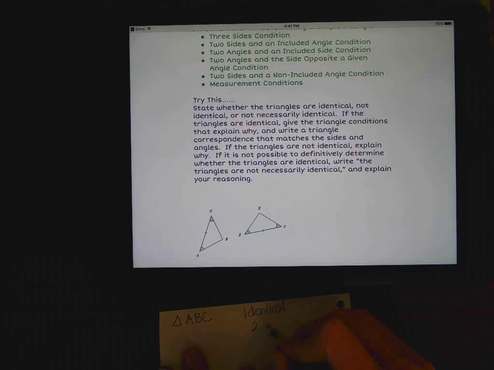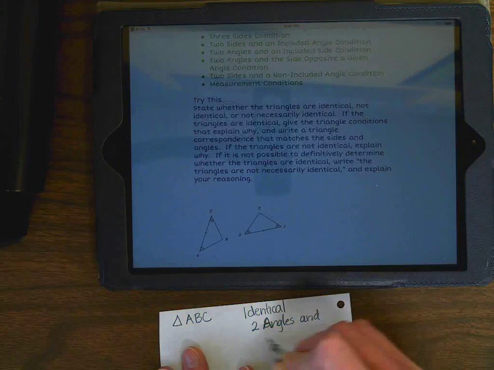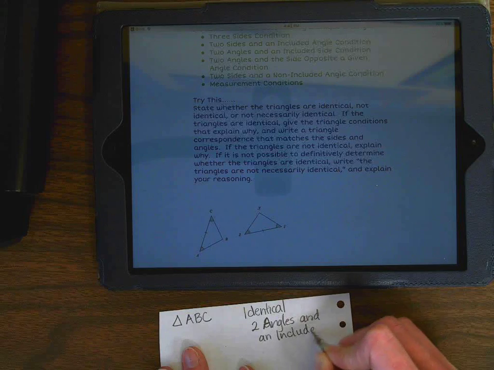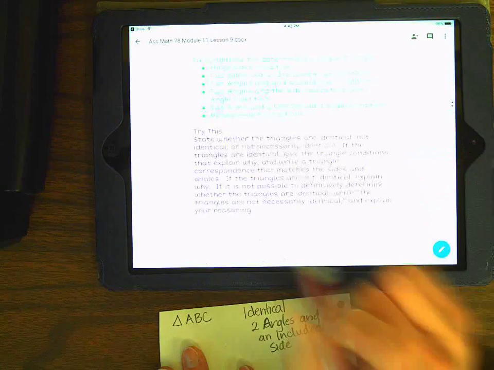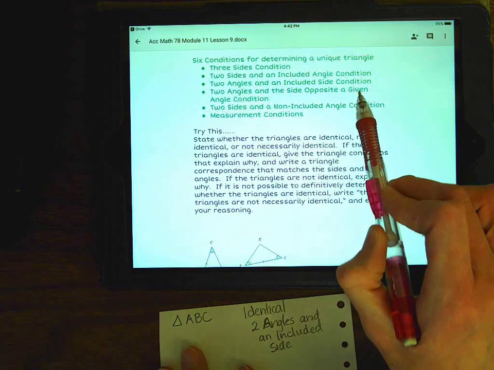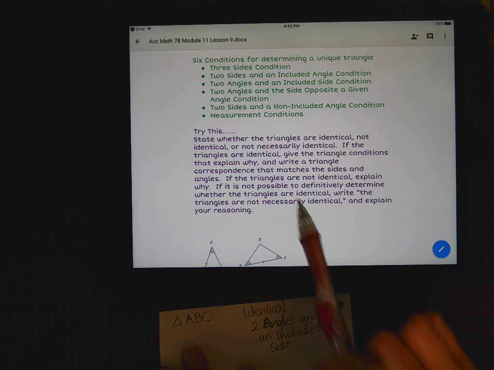The condition that tells us is two angles, I apologize, two angles and an included side. And that is one of the conditions. If we look back up here, it says right here, two angles and an included side. So we know it's right there. Okay, so there's the condition.